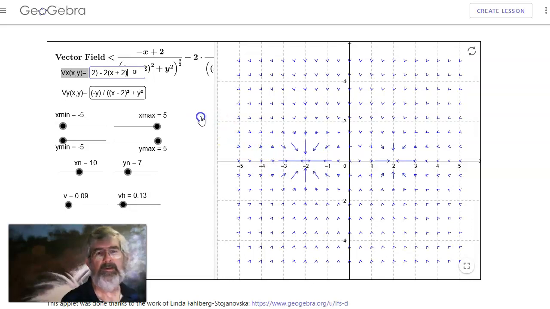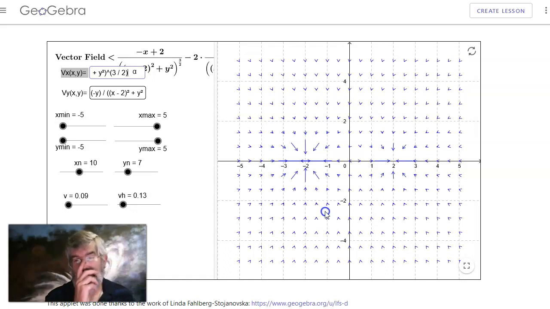And so this has that at the -2, and a similar thing happening with the y's. I find it fascinating to be able to just write down these formulas for doing gravity at different places.